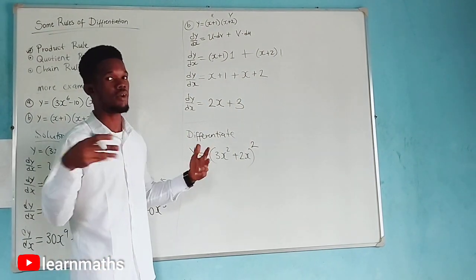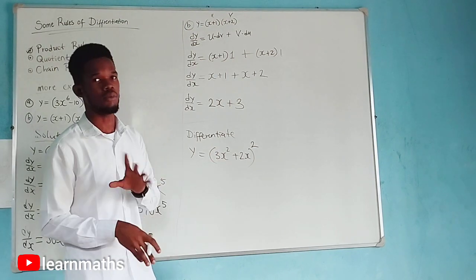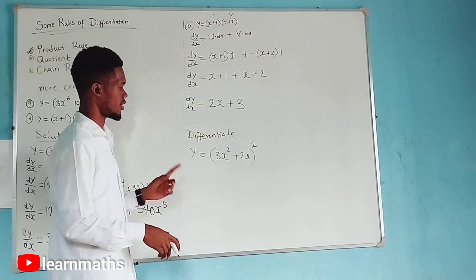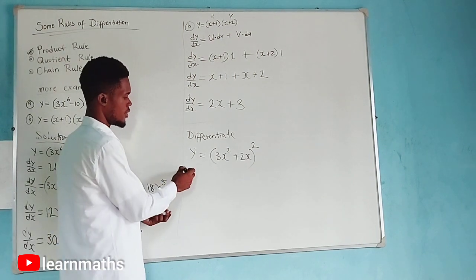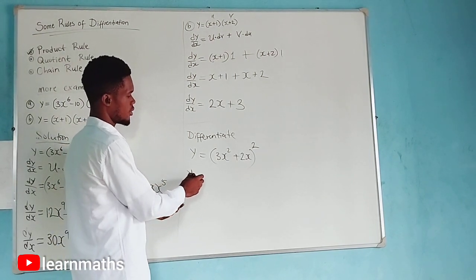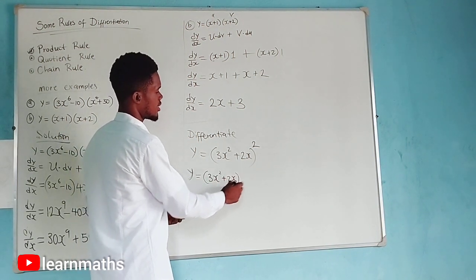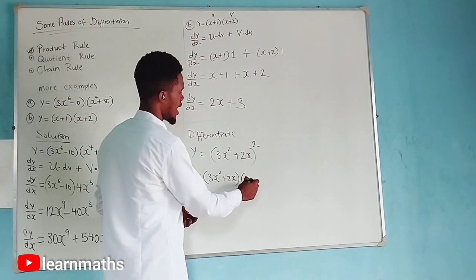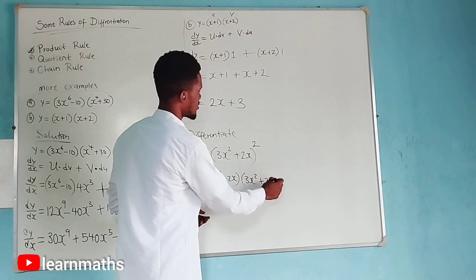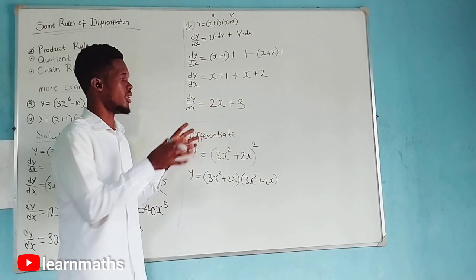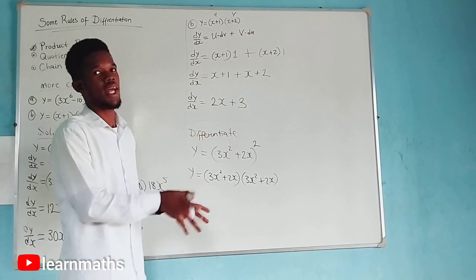Now, before we end this video, let me give you a hint on what you're actually going to do. You're to apply the product rule here. How are you going to apply the product rule? You see this y is equal to 3x squared plus 2x times 3x squared plus 2x. You know, when you see a square, whether it's a number or a term, you multiply it with itself.